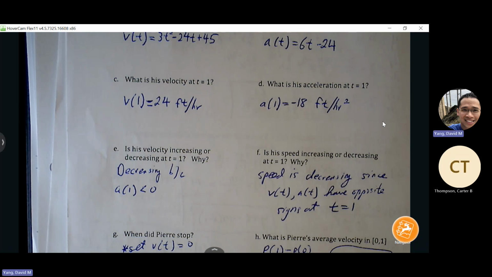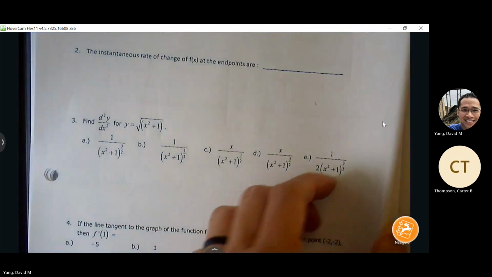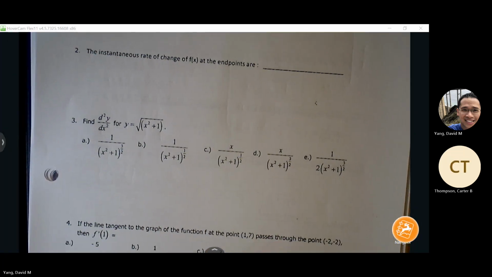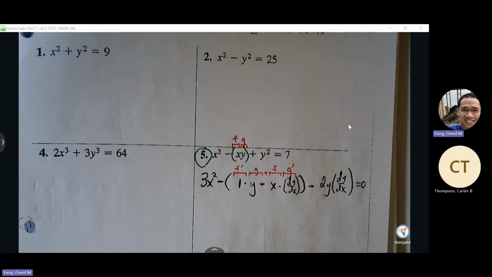Okay, so are we good with the quiz, or any questions from you guys? Let me just flip through a couple of pages and then have you tell me whether you feel good about it or whether you want me to go over something similar to it.